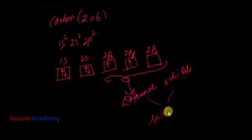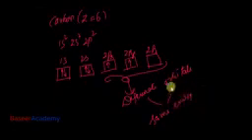The second electron cannot get paired here. It goes into 2py or 2pz. Why? Because these are known as degenerate orbitals. Orbitals which have almost same energy are known as degenerate orbitals.